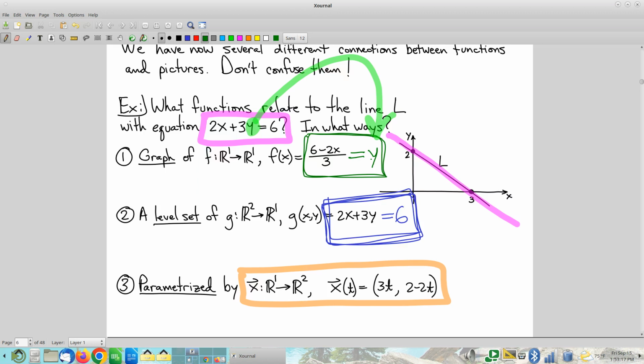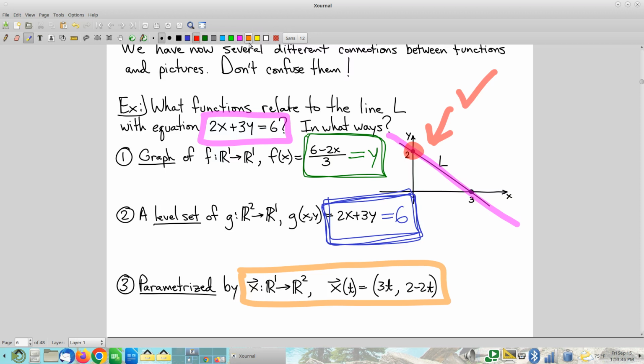The last one, how did I find the parameterization? Your original question. Chapter 1 methods tell me that I can take any point on my line, such as this one here. This is given, just given in the picture. And then I can take any vector parallel. I'm running out of colors.